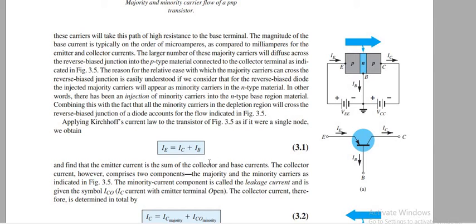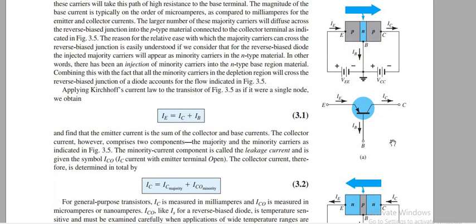Another point to be noted, we are having the circle. This is a symbol of a transistor. At this moment we don't know whether it is PNP type of the transistor or NPN type of the transistor.